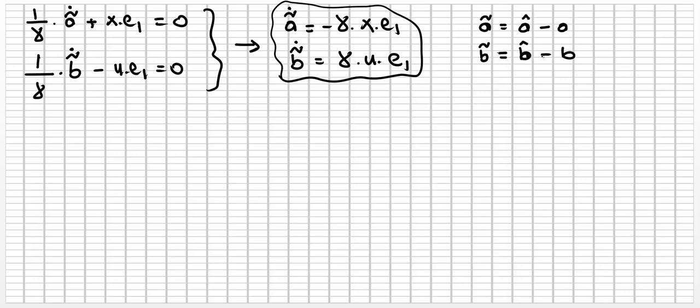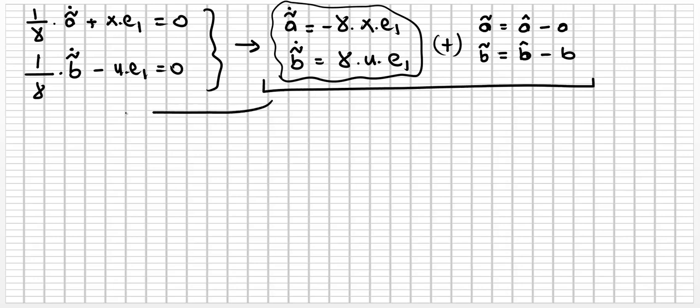And so if I expand this equation with this notation, this whole equation is given in this form, right? a hat dot minus a dot is equal to minus gamma x e1.